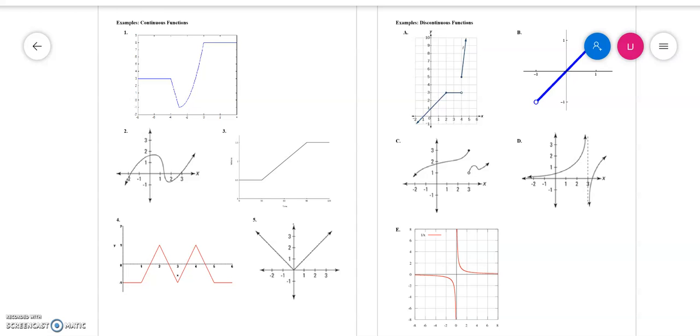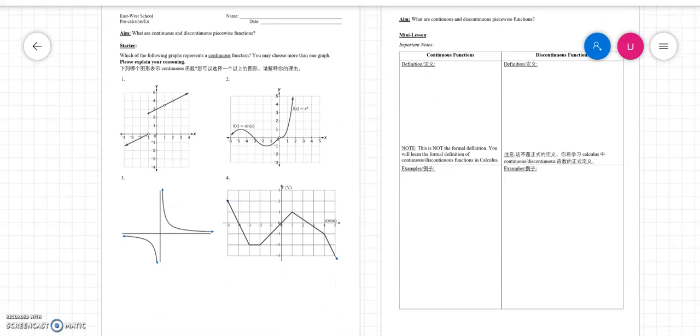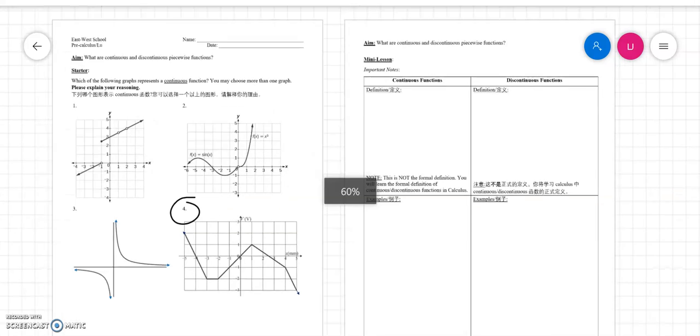So based on these examples, do you think that what you chose yesterday was correct? Well, if you chose graph 4, you were correct. So let's actually talk about what makes a function continuous versus discontinuous.